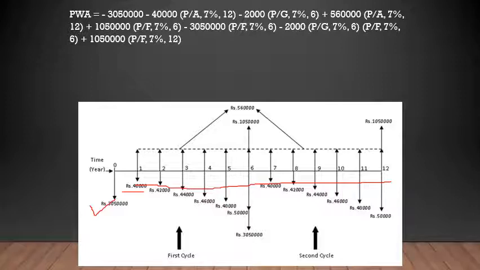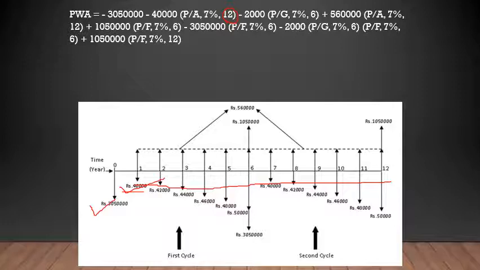Right? So can't I put N as 12 here? Definitely yes. Since this 40,000 flows continuously for 12 years, I need not consider it as two different projects. I can straight away substitute it as 12. Okay. So this 40,000 is over.